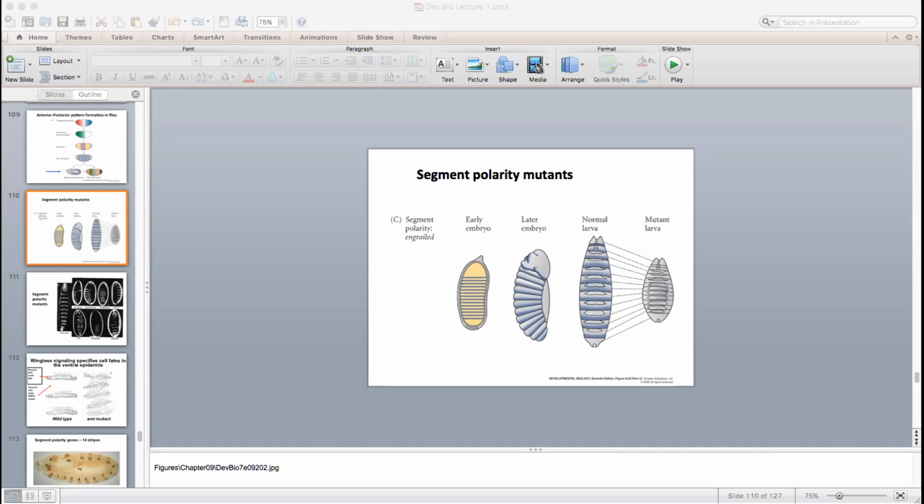So now you can imagine that within the head region that gets specified, you will have determination of structures that are going to give rise to the eye, the antenna, the proboscis, so the head is going to have structures that will now be determined. The same is true for the thorax, abdomen, and the posterior tail region.